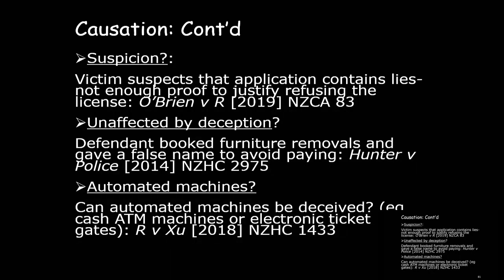And the court said that the deception wasn't causative of the obtaining of the service because it made no difference whatsoever. Right? If he'd given his real name, it wouldn't have mattered. The fact that he gave a false name made no difference. It wasn't that they did any credit check to ascertain if he could pay.